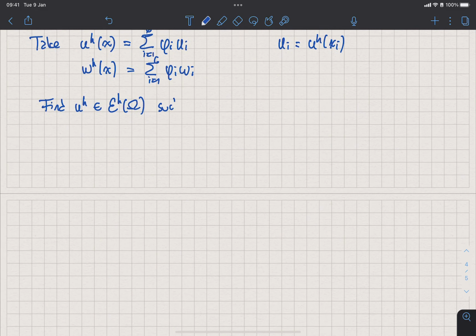Such that the bilinear form is equal to the linear form for all w_h in E_h of omega.